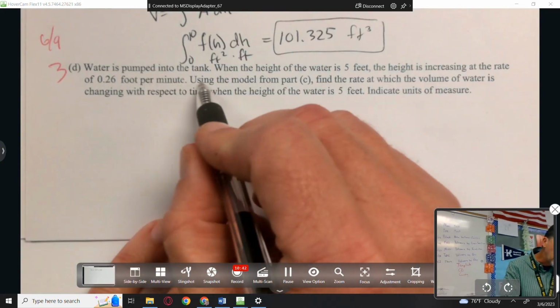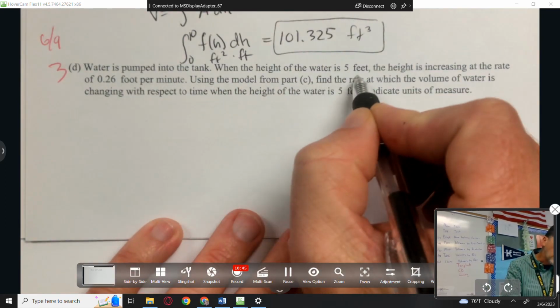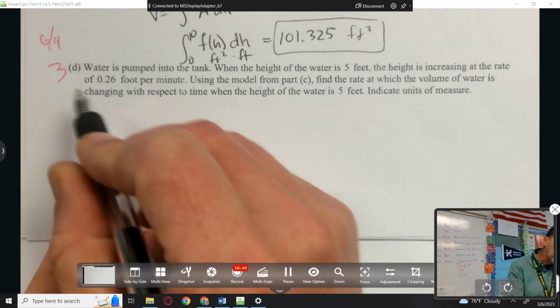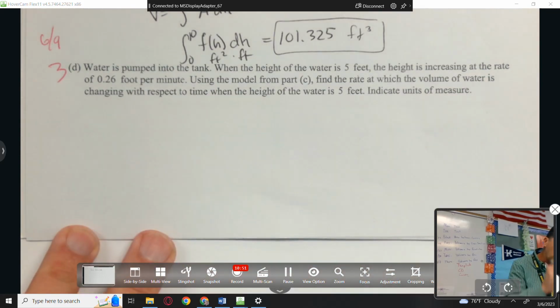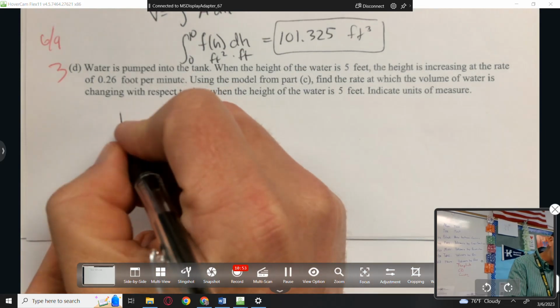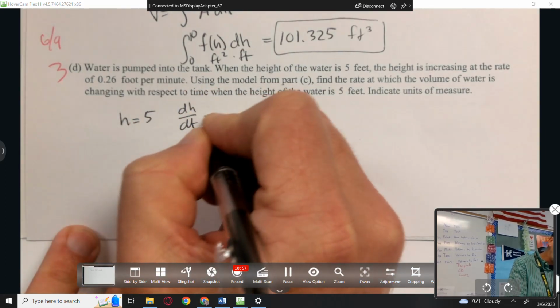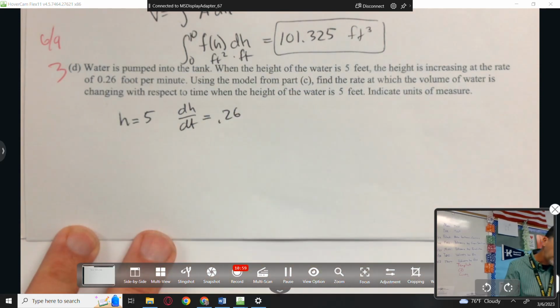All right, water is pumped into the tank. When the height of the water is 5 feet, the height is increasing at the rate of 0.26 feet per minute. Okay, so when h equals 5, the dh/dt is 0.26.